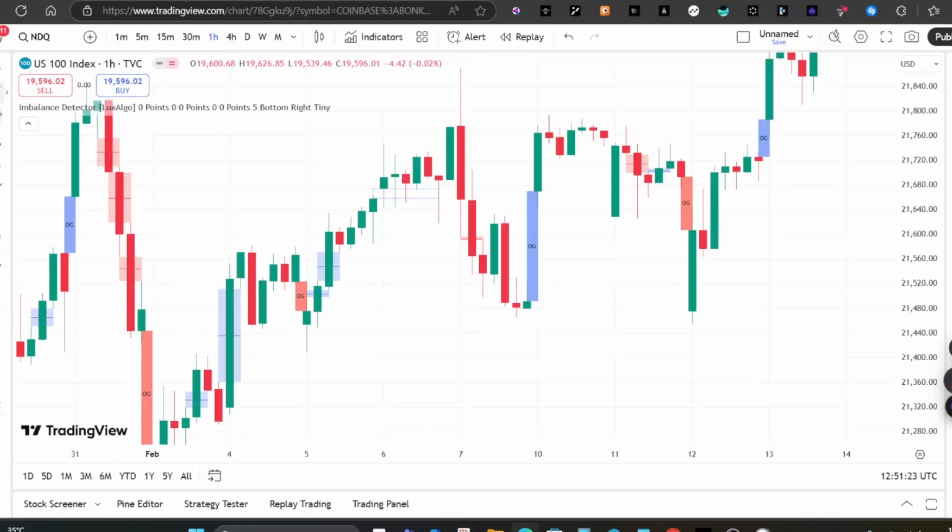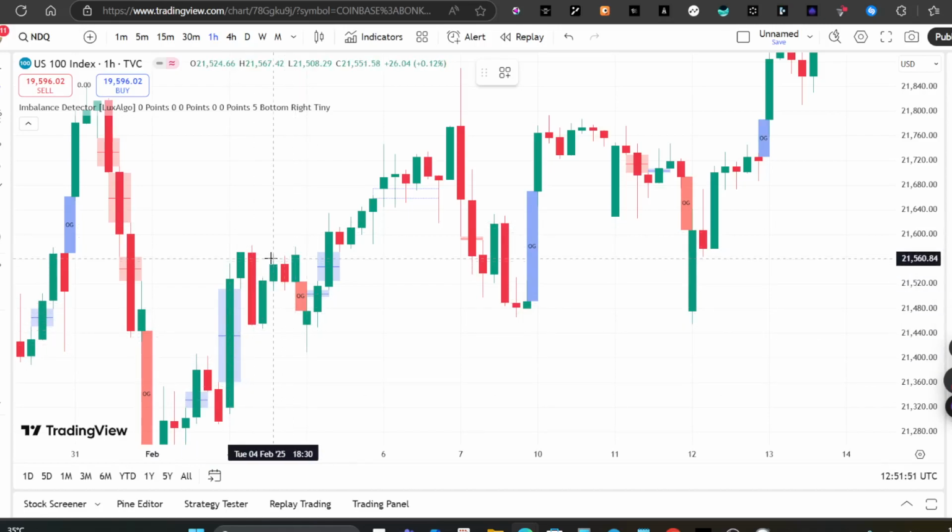Can you see that at this point price got to this high, and after getting to that high there was an imbalance zone here. You can see how this candle was. There was an imbalance zone here, right?